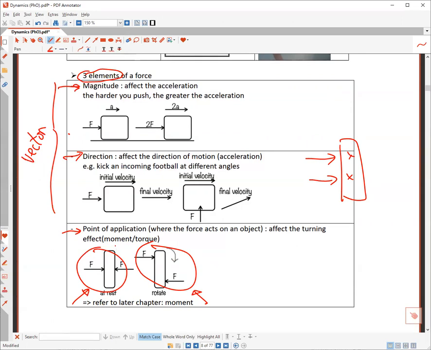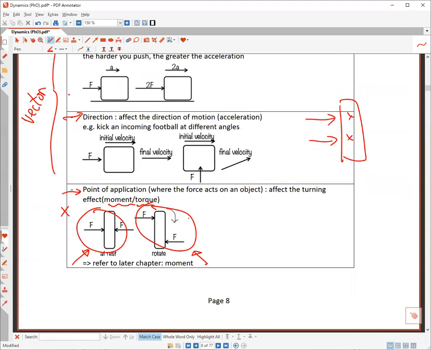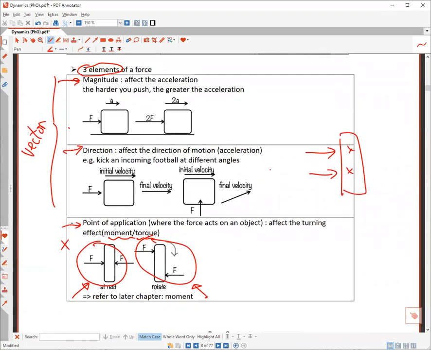We'll go through this after this chapter. It's about the moment or the torque. So right now we just omit this part by considering the object as a point. In this chapter we just consider all objects as a point mass.